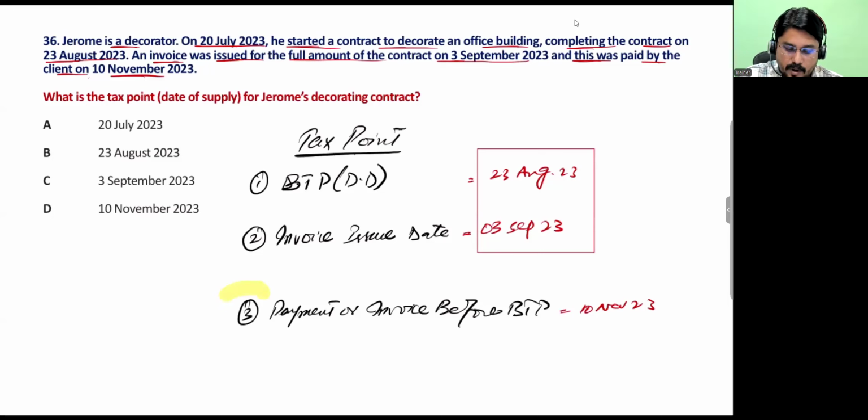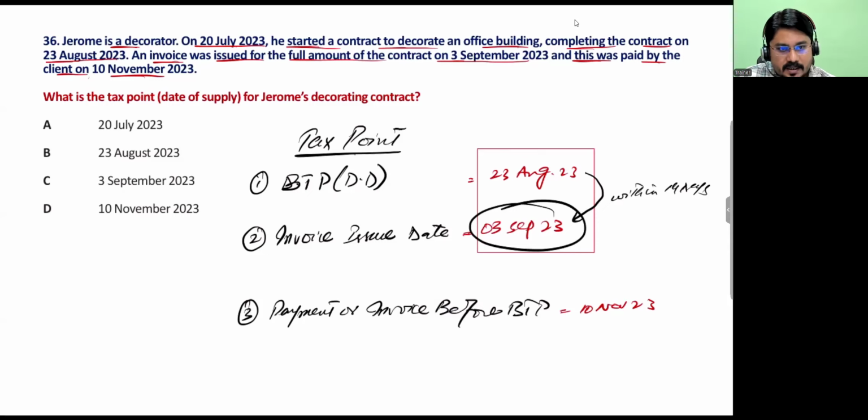By the way, the third point is irrelevant because payment made by the customer is after the completion, it's not before. The customer paid us on 10th November 23, so it's after the delivery. So this third point is irrelevant for the question. Then check if the invoice is issued within 14 days after delivery. If the invoice is issued within the 14 days after delivery, then this date will become your tax point. So check when you issued the invoice.